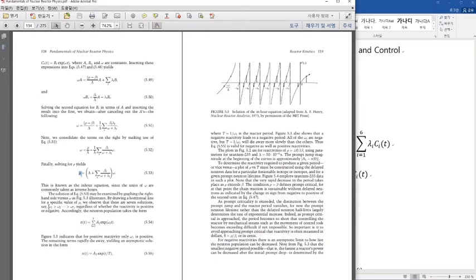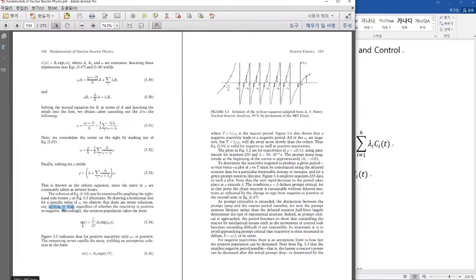So we are going to arrange the 7 solutions. First, we write the 7 solutions as omega 1 to omega 7, and we rearrange the omegas so that omega 1 has the biggest value and omega 7 has the smallest value.